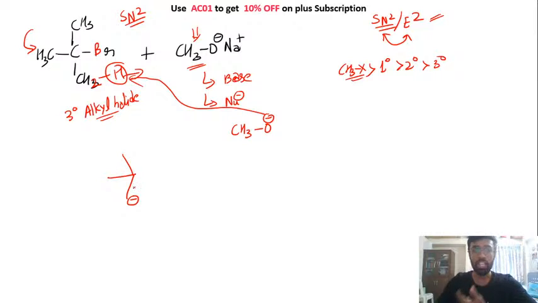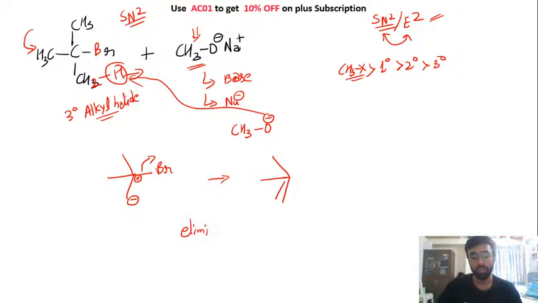So as soon as you will create a negative charge here, this bromine will leave, creating a positive charge on this carbon, है ना? So if it will create a positive charge here, so you will get an alkene. You will have a double bond here. So यहाँ पे आपका elimination product form हो रहा है. Okay.